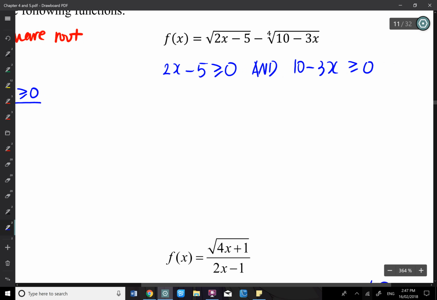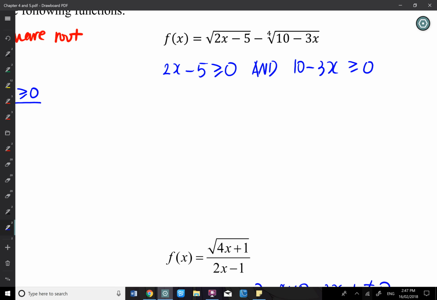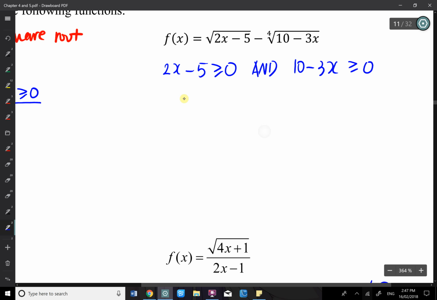But for the second one, there's no denominator. It's only square roots. So what I need is 2x minus 5 greater than or equal to 0 and 10 minus 3x greater than or equal to 0. It can take the equal sign for both linear inequalities. Solving, x is greater than or equal to 5 over 2, and x is less than or equal to 10 over 3.